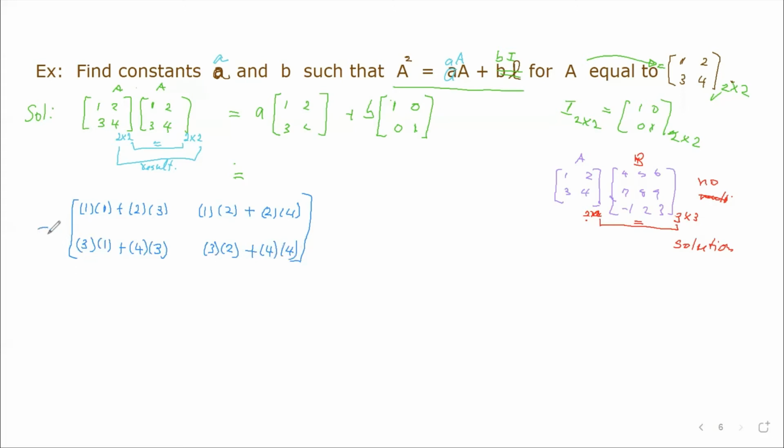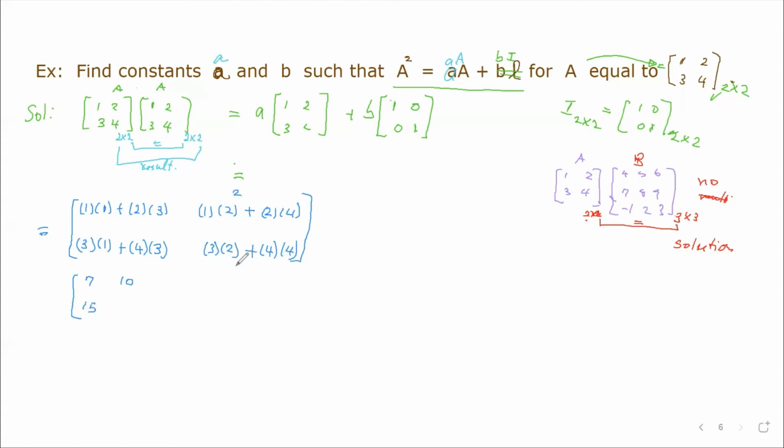So now this one is going to be 6 plus 1, which becomes 7. This one is 2 plus 8, which becomes 10. This one is 3 plus 12, which becomes 15.